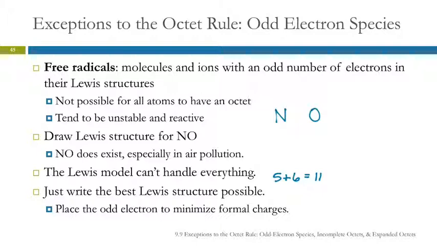Well, we're just going to do the best we can. So we'll put a bond in there. Nope, not like that. Put a bond in there. That's 2 electrons. And there's 4, 6, 8, 10, and 11.